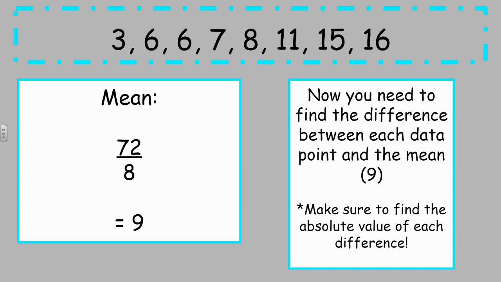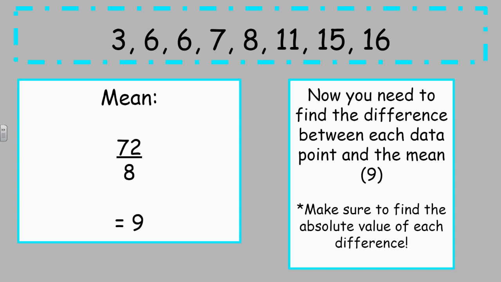When I add all those numbers up, I get 72, and then there are 8 data points, so 72 divided by 8 is 9. If for any reason you do not get a whole number, you can round to the nearest tenths place.